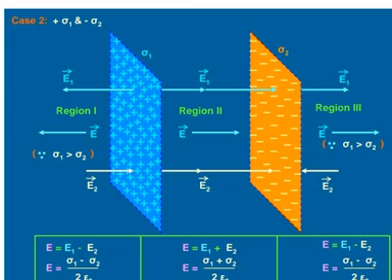As we did in the last case, draw the electric field lines for sigma 1 first and then for sigma 2. Now as sigma 2 is a negative charge density, the electric field lines will be towards the sheet, as shown by the E2 vector.